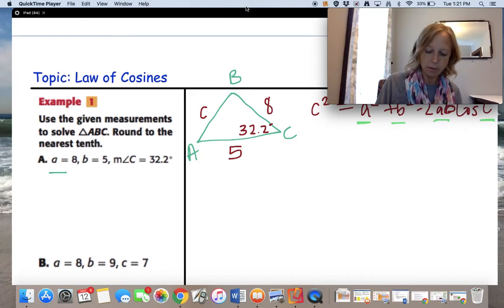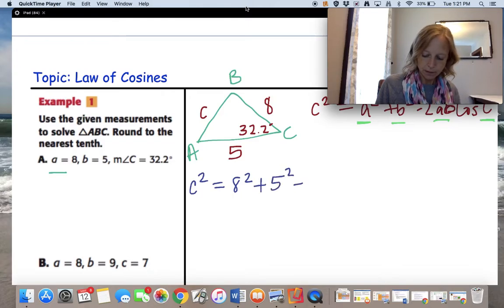So we can just fill in our numbers for that whole equation and then get out our answer. So let's try that right now. c squared is what we're looking for. a squared is 8 squared plus 5 squared minus 2 times 8 times 5 cosine of 32.2.